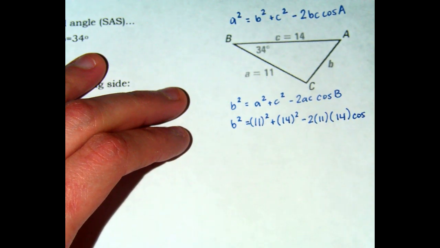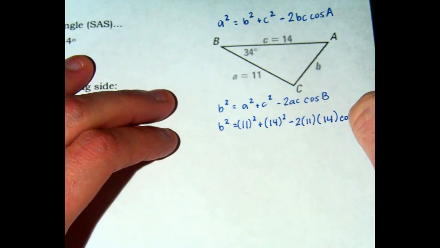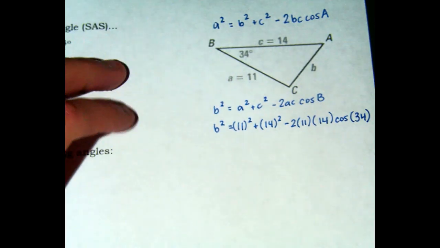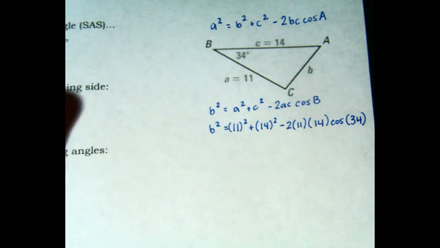Cosine, do I know the angle B? What is it? Type all that in. The formula looks more complicated, but the work is not as complicated. It's really not that bad.